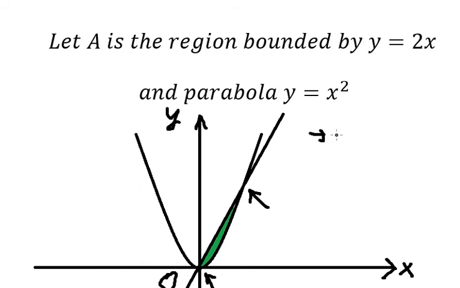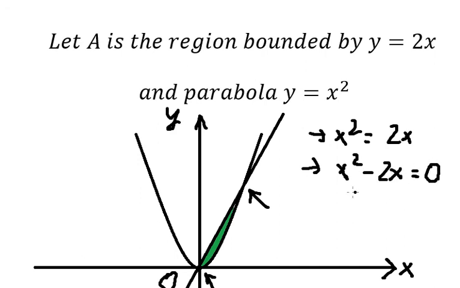So you get x squared equals 2x. So we put 2x to the left. Now we can do factorization by x.